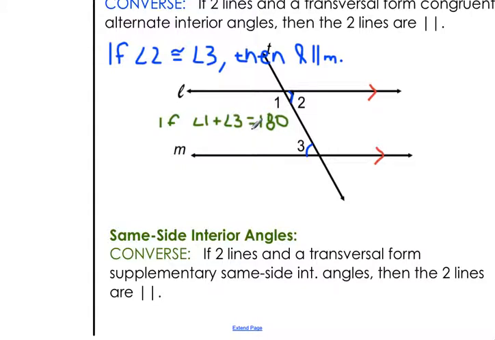If angle 1 plus angle 3 is 180, then line L must be parallel to line M. All right. So before we were starting out knowing that the lines are parallel, now we're starting out knowing that angles are congruent, so that must mean that the lines are parallel.